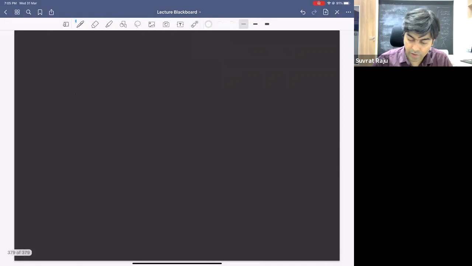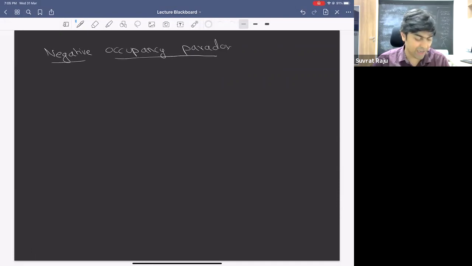Okay, so here is a paradox which we can call the negative occupancy paradox. I said that it's actually just going to follow from the rules that I just wrote down. We want that the modes inside should be thermally occupied.